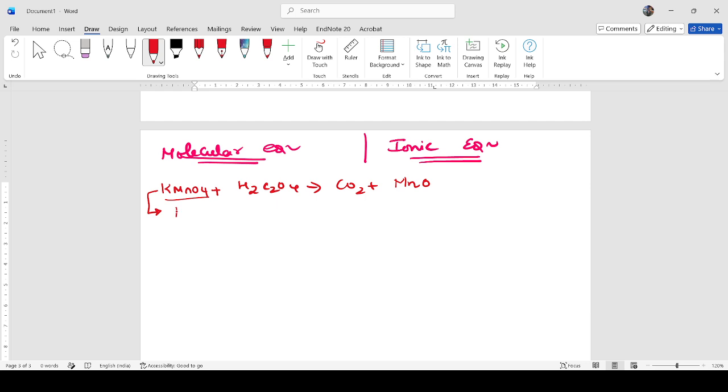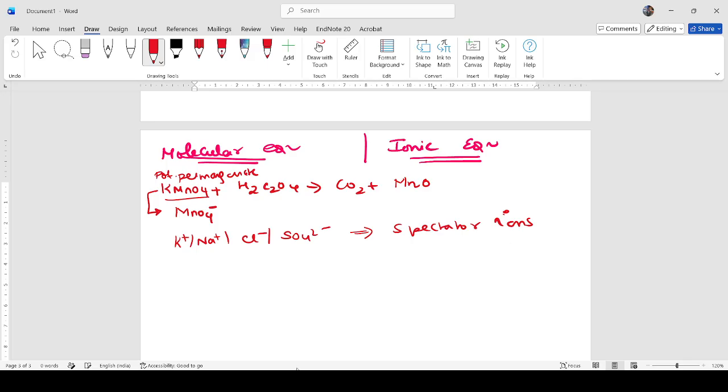Potassium permanganate. This compound is called potassium permanganate. This can be written as MnO4 minus. Now what do you mean by that? The ions like potassium, sodium, chloride, sulfate, all these are called spectator ions.